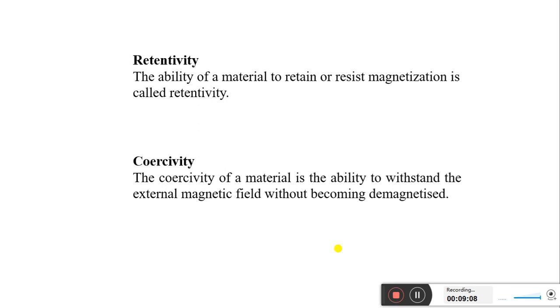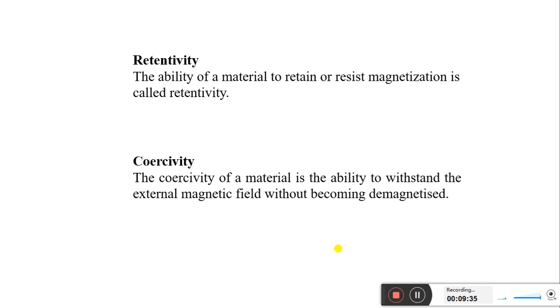Now we will define retentivity and coercivity. These are also properties of magnetic material. Already we have discussed, when studying the hysteresis loop of the magnetic material, that there are 2 points which are obtained in tracing the hysteresis loop.